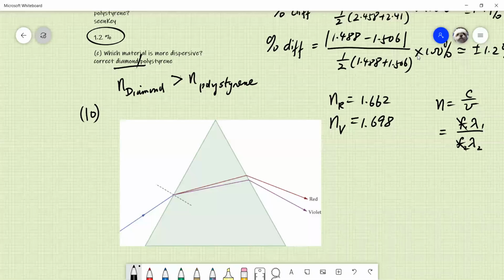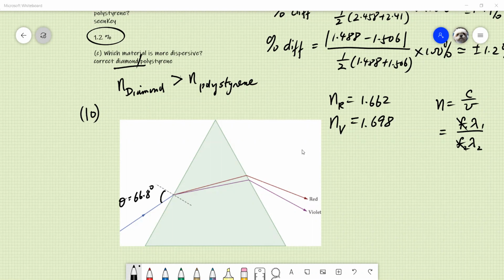Now what we're gonna do, this question said the angle of incidence is 66.8 degrees. So what we try to find is the angle of refraction for different light. In other words, we want to find the angle of refraction here. Now I'm gonna draw a normal here.